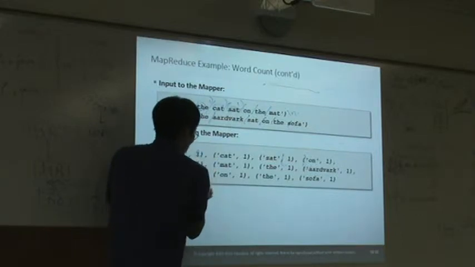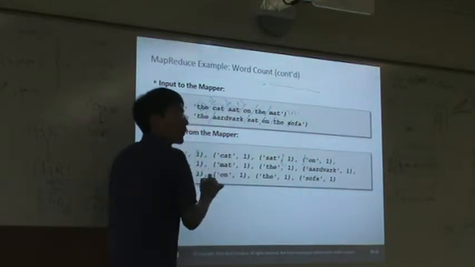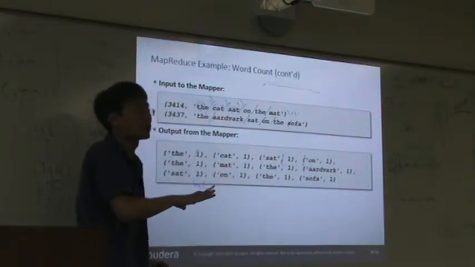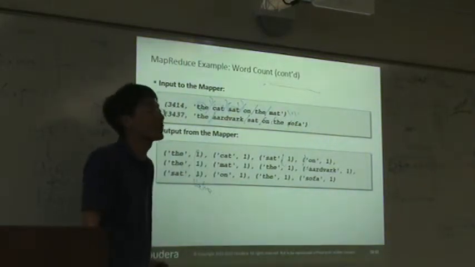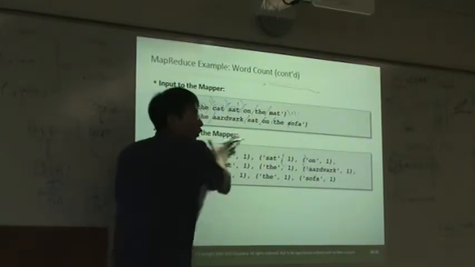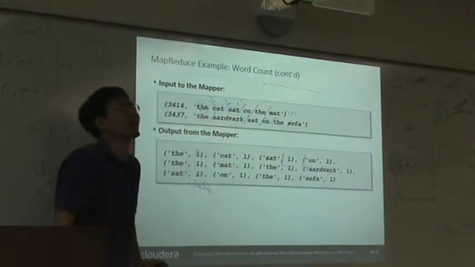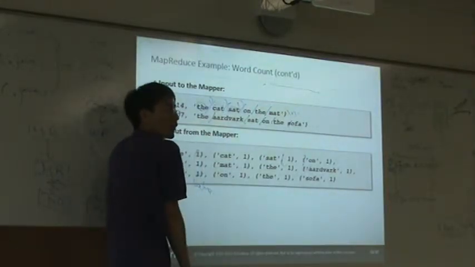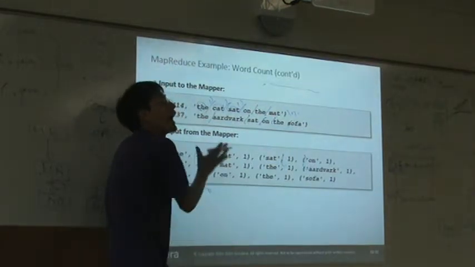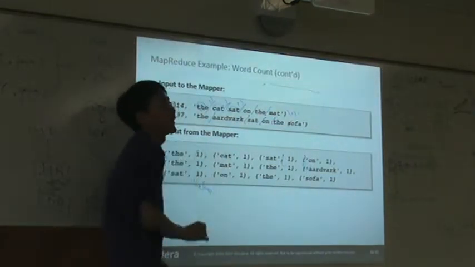The one is a value, not a key. On the right-hand side, don't be confused. The key is not always a number. Sometimes it can be an offset, an address, an entire line, or a word. It doesn't matter. Also, it's not a primary key. It's nothing but a key, to identify this key and value pair.